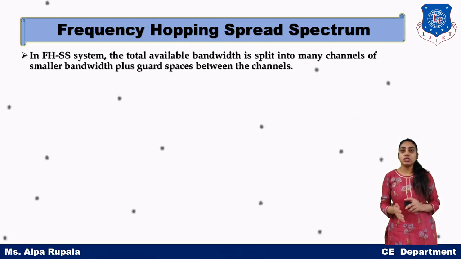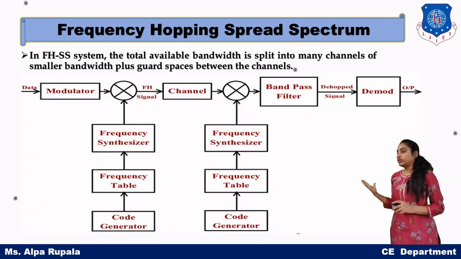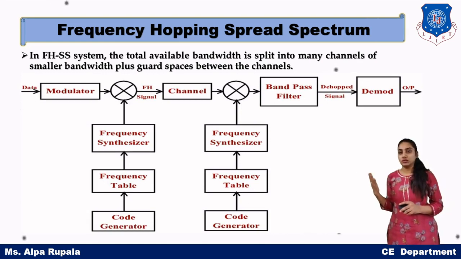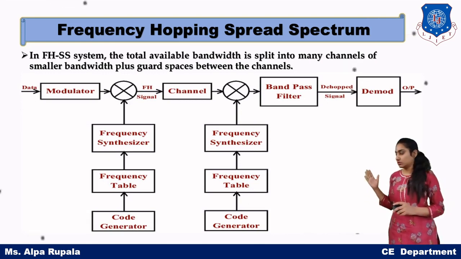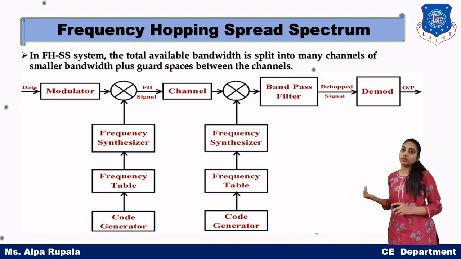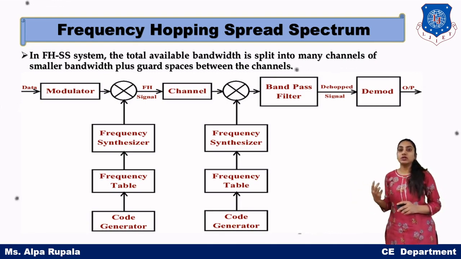After that we can have different frequency levels. First of all we have our data, then we give it to a modulator. The next step is again modulation. We have the frequency table, and we give that table to the frequency synthesizer.